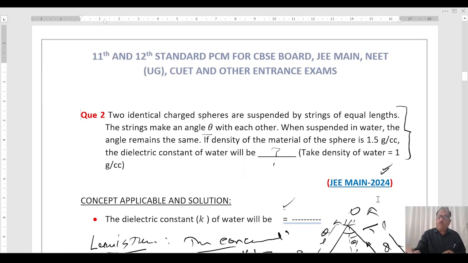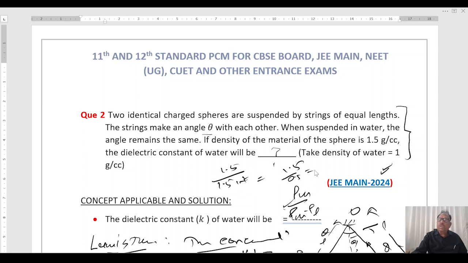Now, this will be rho m over rho m minus rho L. The density of the material is 1.5, right? 1.5 minus 1, that comes out to be 1.5 upon 0.5, that is 3. 3 is the answer.